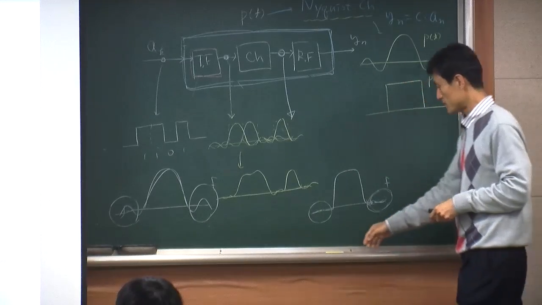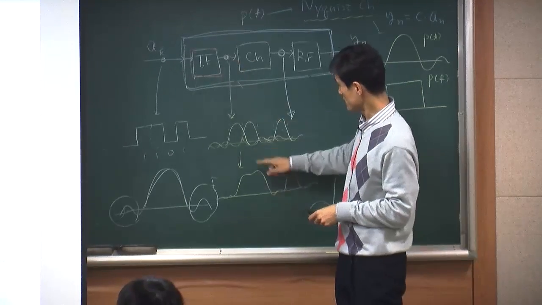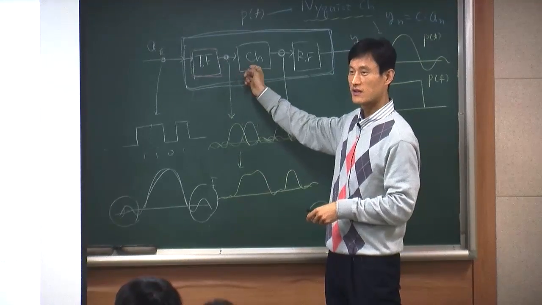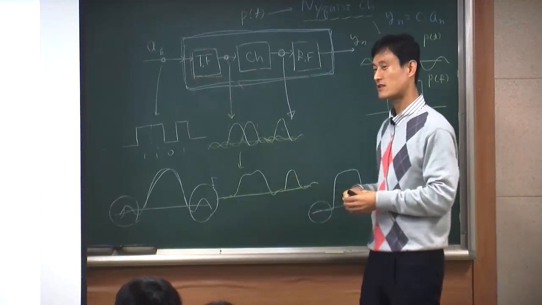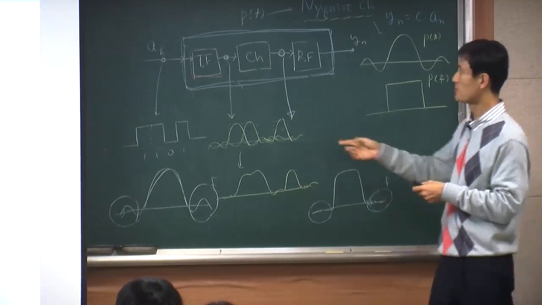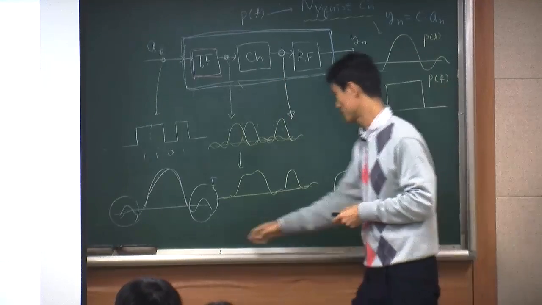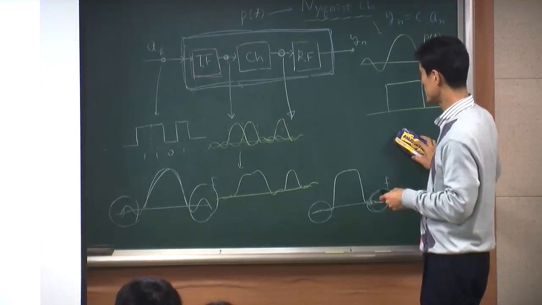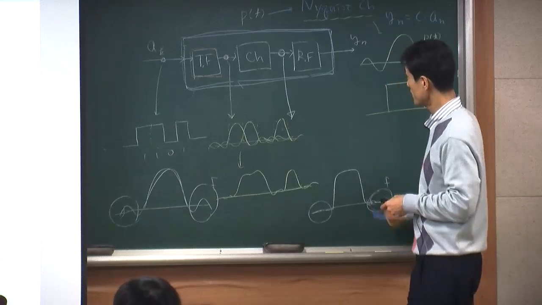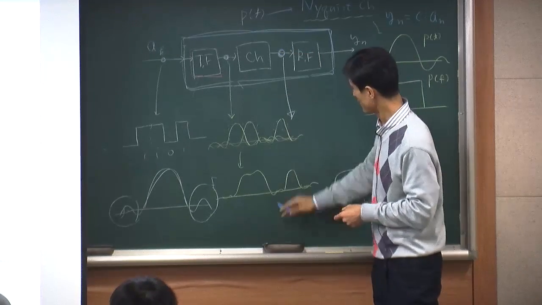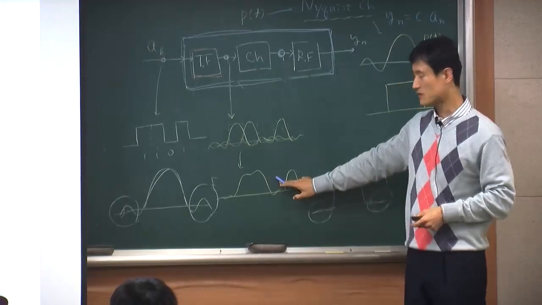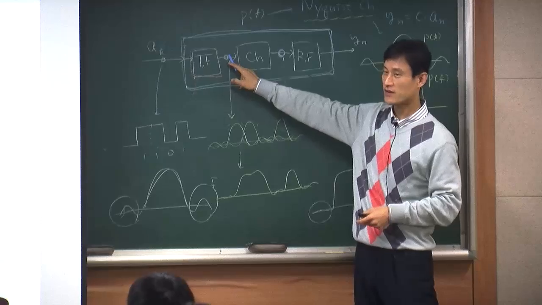Now the problem is that after that, this kind of time domain signal goes into the channel. This channel has a lot of inter-symbol interference. This one has a lot of multipath. So that is now the problem. Because of that, if you look at this point after the channel, you transmit this signal over the air.